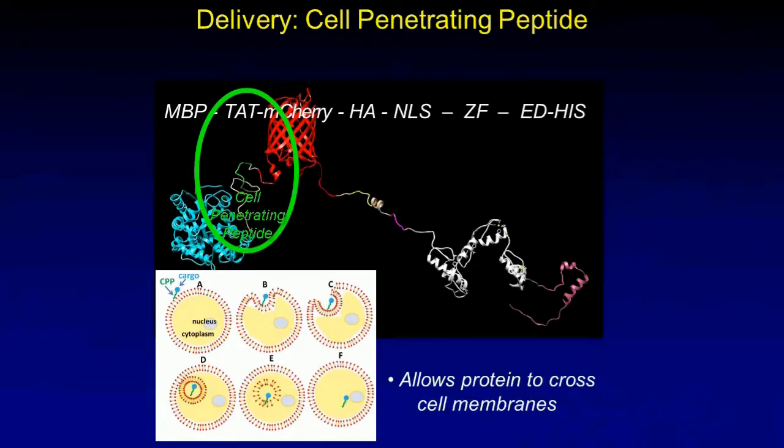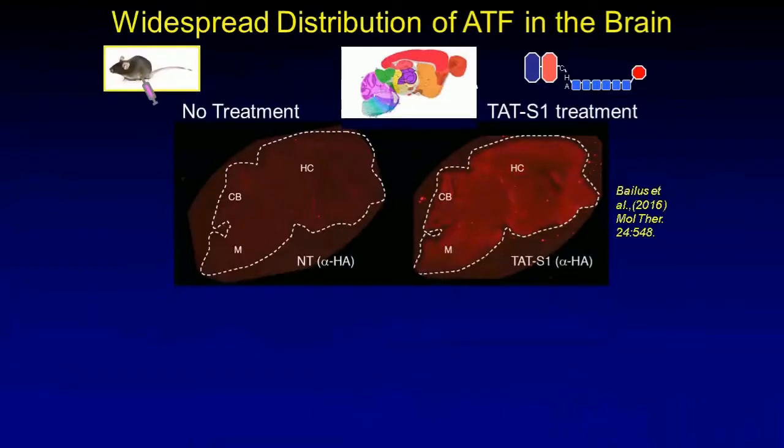And we were hoping that attachment of the cell-penetrating peptide would allow us to inject this protein into mice and that it could cross membranes, including the membranes of the endothelial cells that make up the blood-brain barrier.